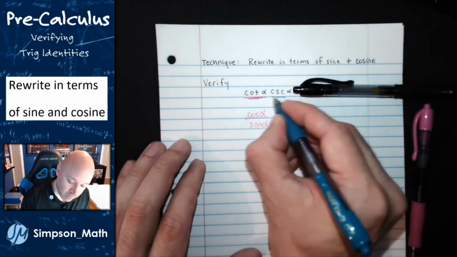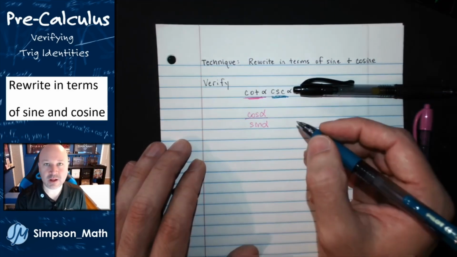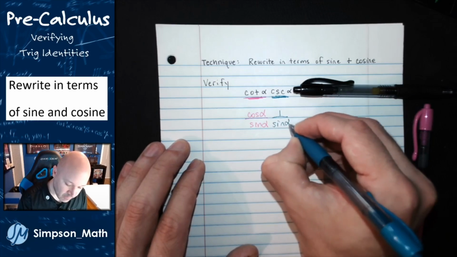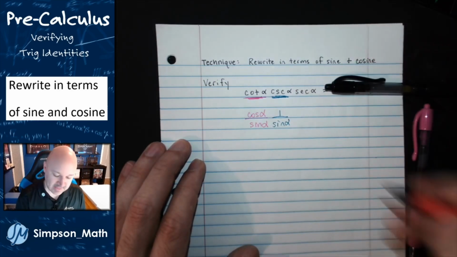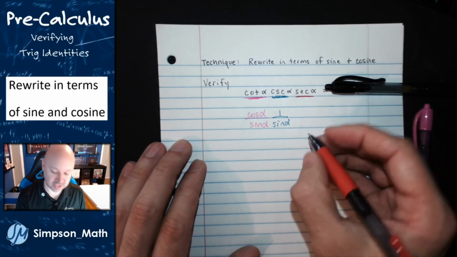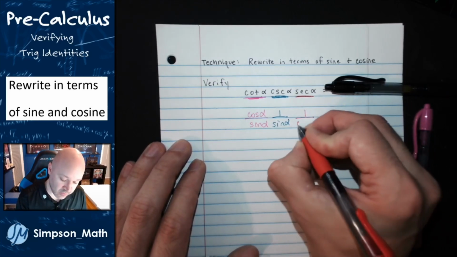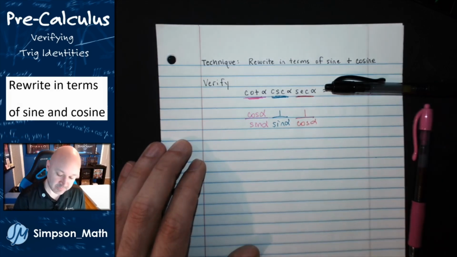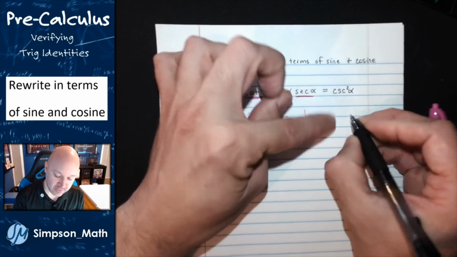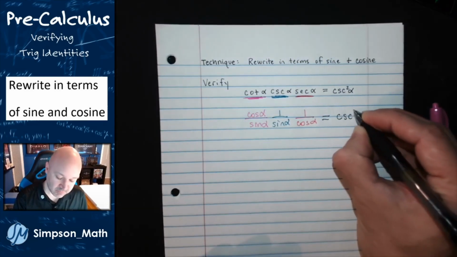Cosecant, well, that's a 1 and a sine. This is 1 over sine alpha. Secant, I see a cosine in the denominator position, so I'm going to substitute 1 over cosine alpha. Bring down the equal sign, bring down the right-hand side of the equation.